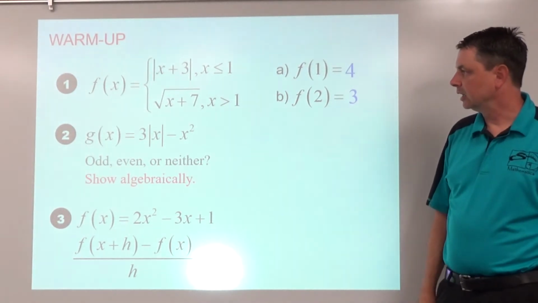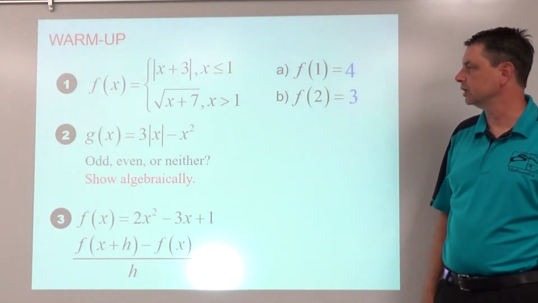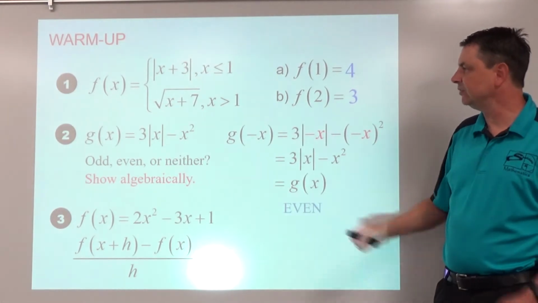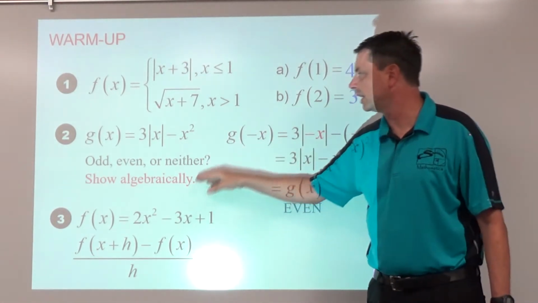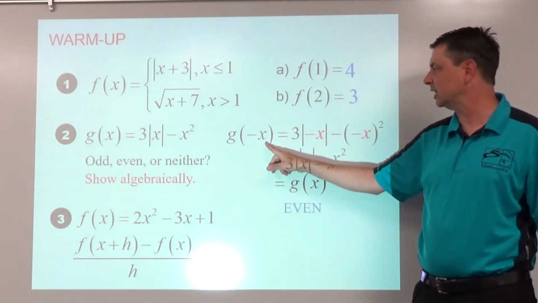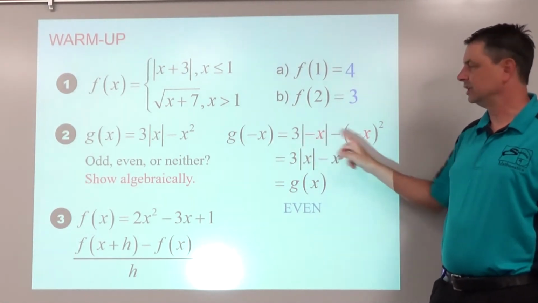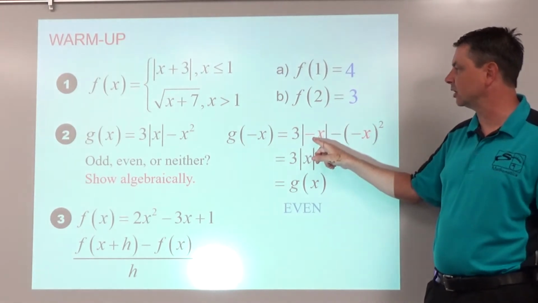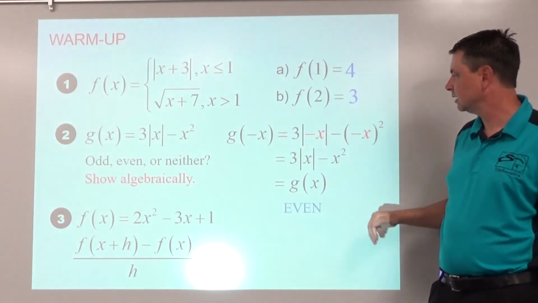Number 2, the function is even. Remember, when we're checking algebraically, we're going to do, in this case, g of the opposite of x, negative x. You need this step here where we're replacing all of the x's with negative x.